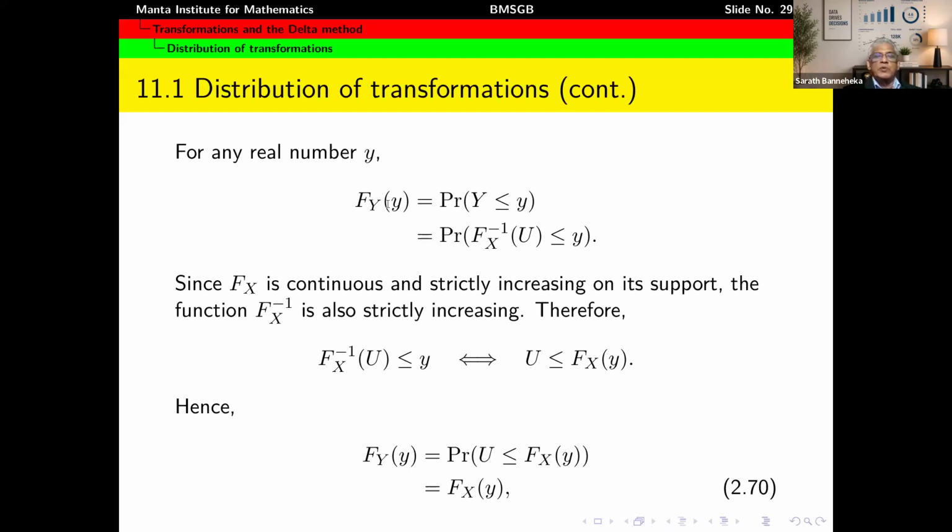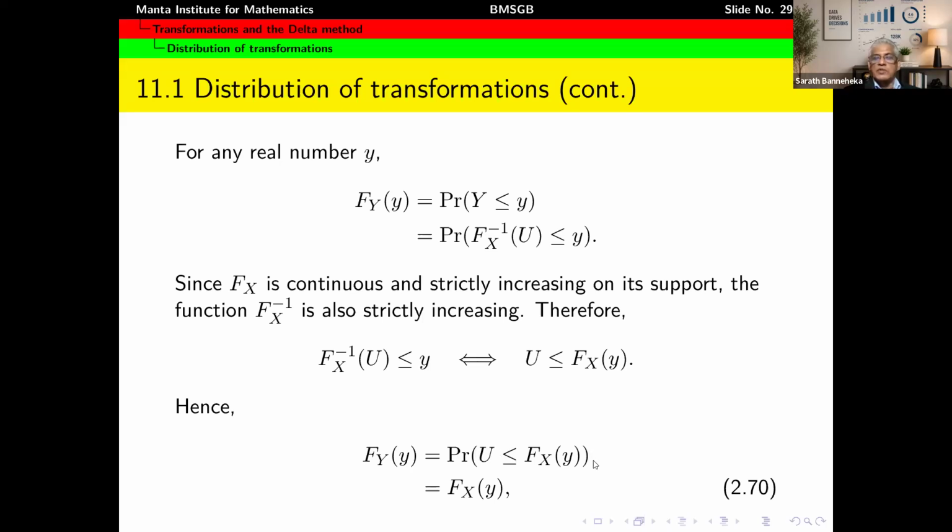So the cumulative distribution function of Y evaluated at little y will be the probability that U is less than or equal to F_X of y. But now remember that this is the cumulative distribution function of U by definition.